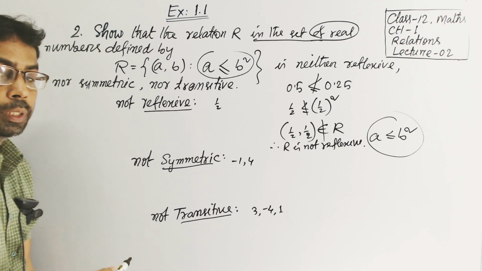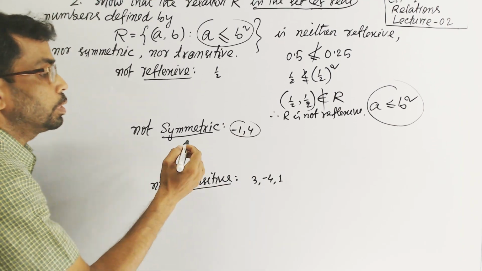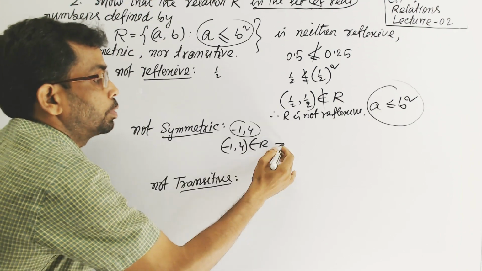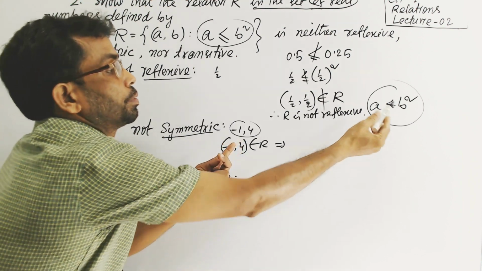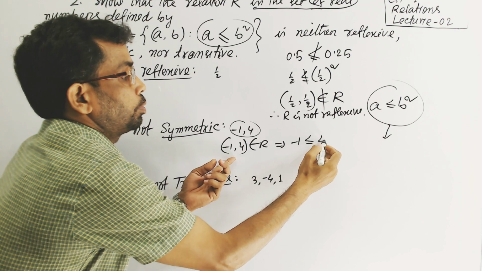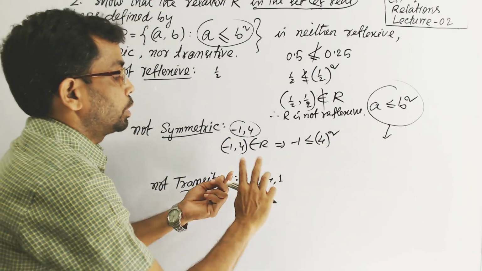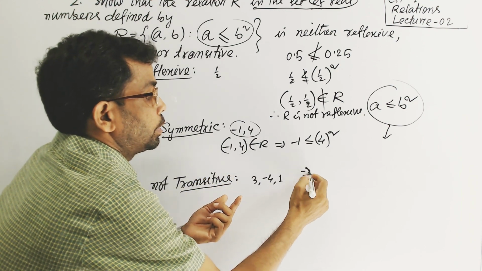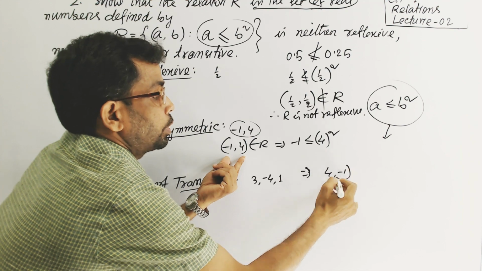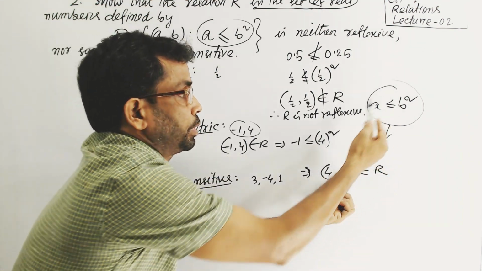For symmetric, taking the numbers minus 1 and 4, then (minus 1, 4) belongs to the relation. Why? Because these two numbers satisfy this condition: minus 1 less than or equal to 4 square is true. But if we reverse the order of elements, that means (4, minus 1) to be in the relation, then these two numbers also must satisfy the condition.